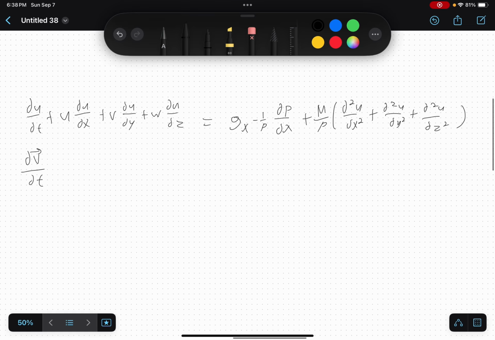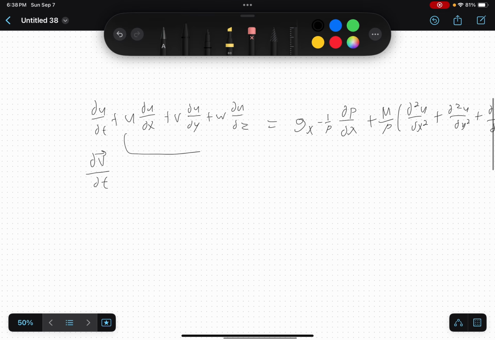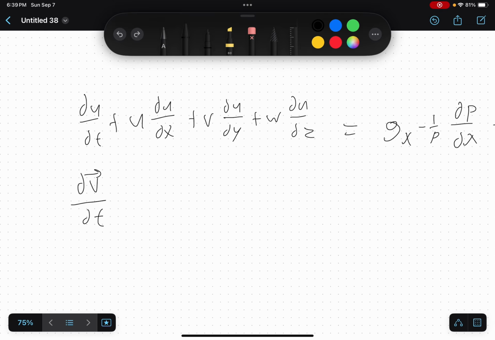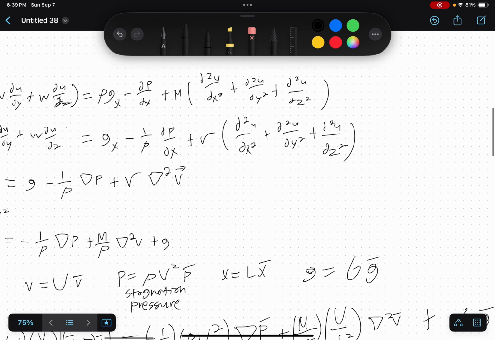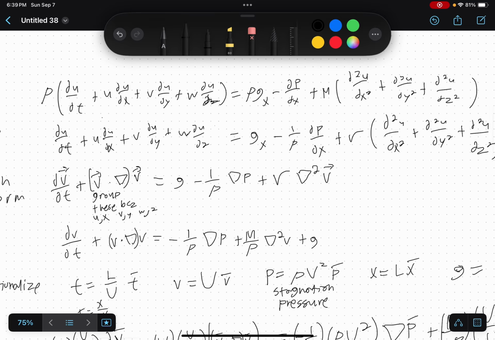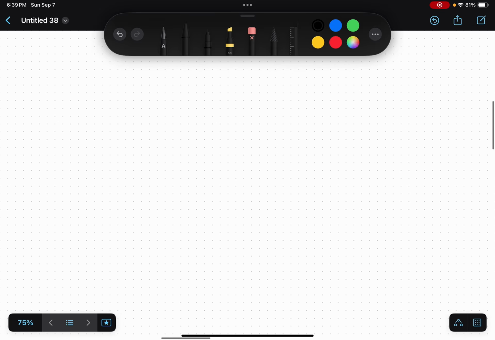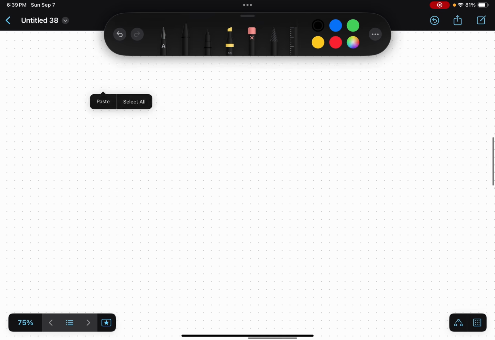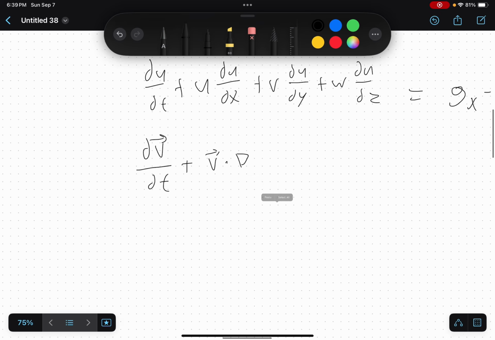Okay. Now, this chunk is basically v. Is it dot? What is it? Once I see it, it makes sense. I can explain it. Yeah, okay. Dot grad. It's going to take a while.